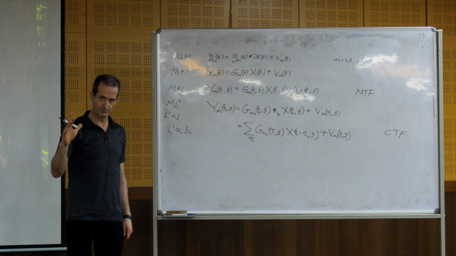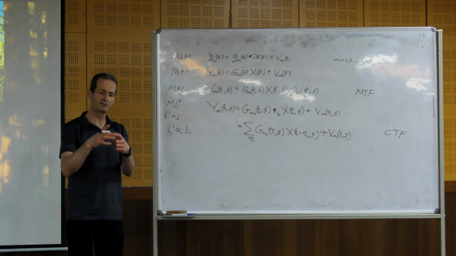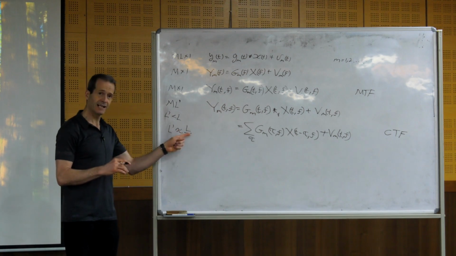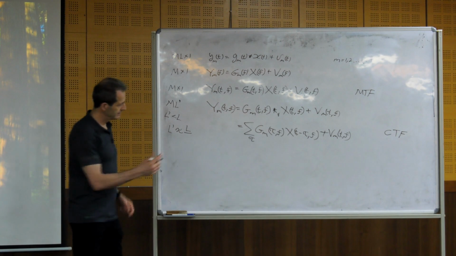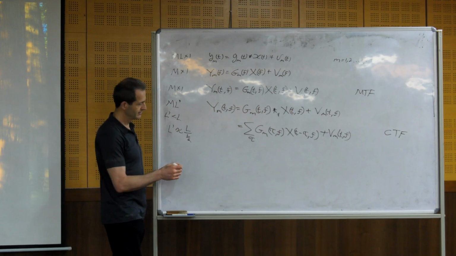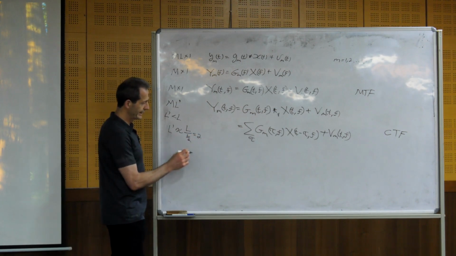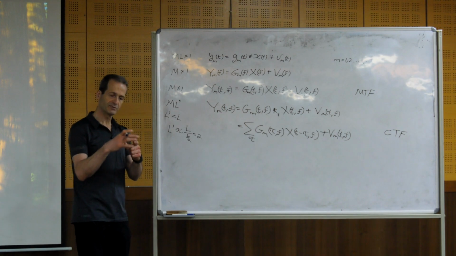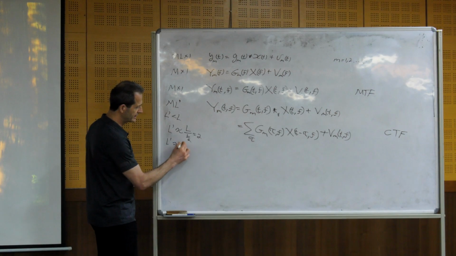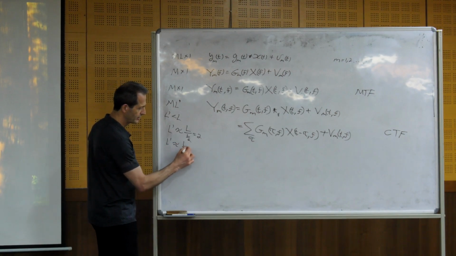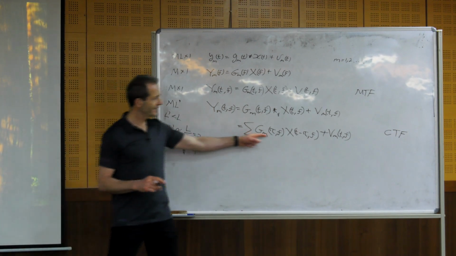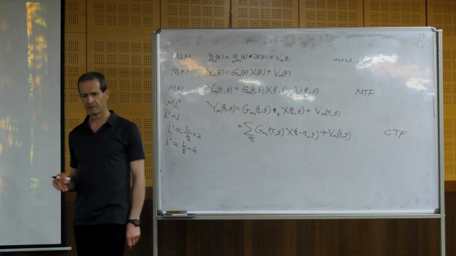So for example, if we take STFT with 50% overlap, we divide L by 2. If we take overlap of 75%, it will be L divided by 4. So you see the number of windows L prime is roughly very small.